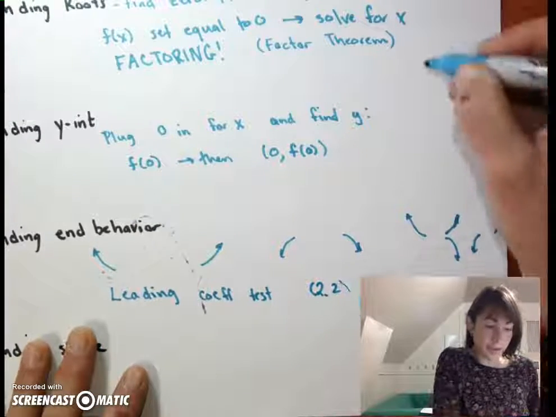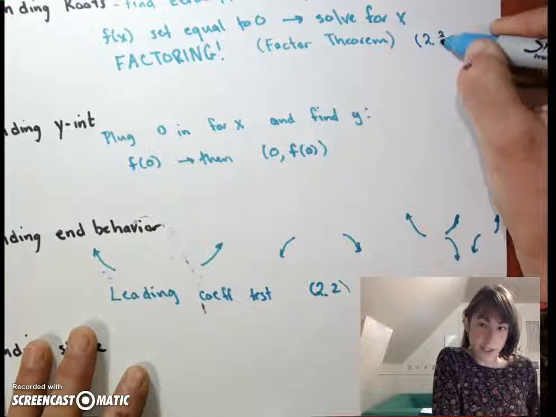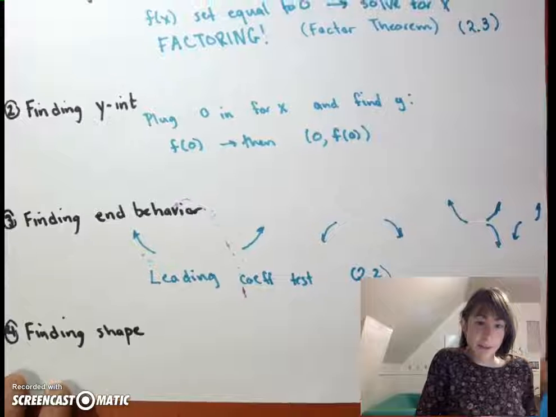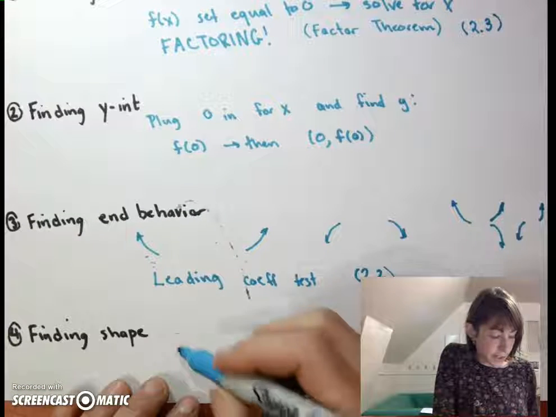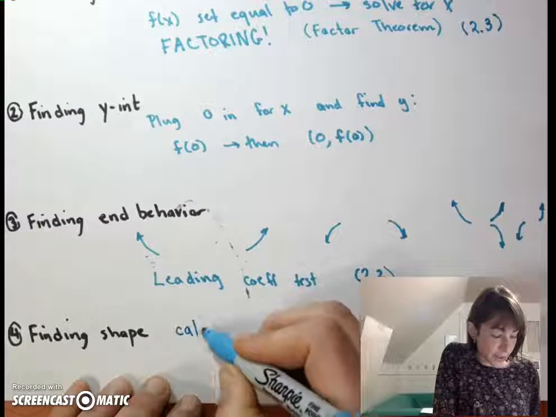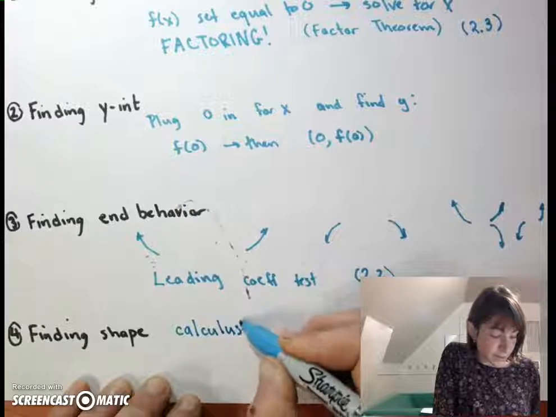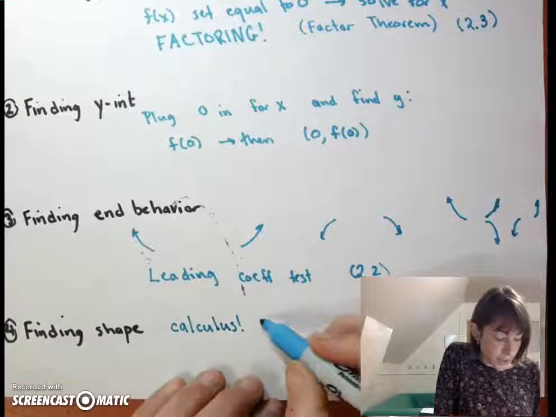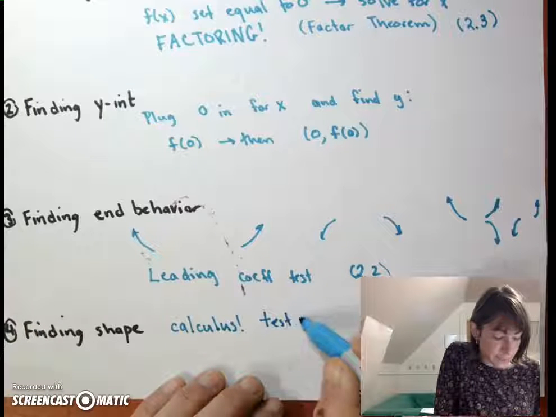So we're using strategies from other sections here, putting it all together. Then finding the shape of the graph. So to find intervals of increase and decrease, you really need calculus. But we don't know calculus yet, so we'll use another strategy called test points.